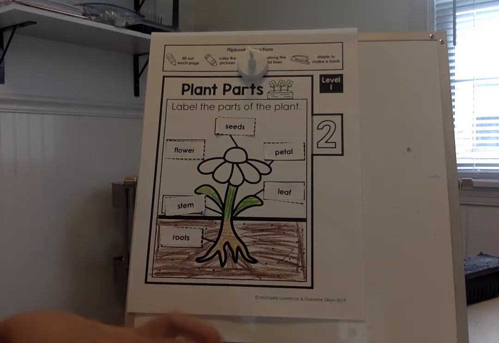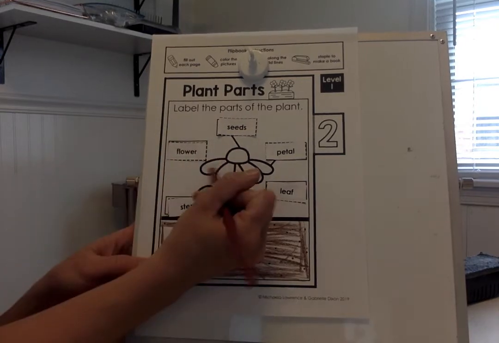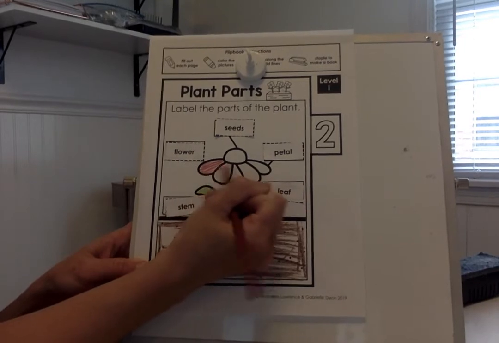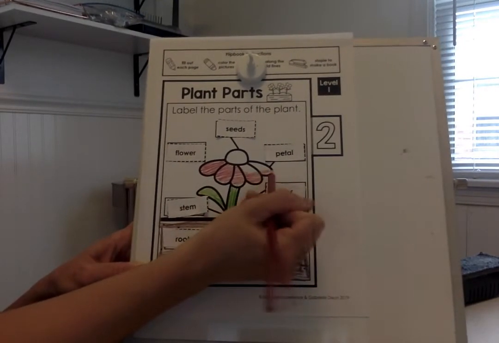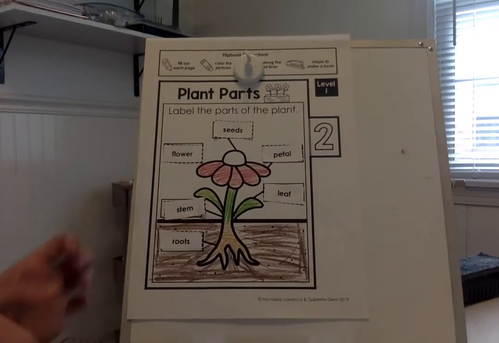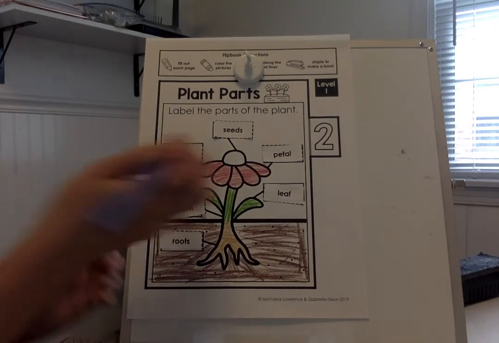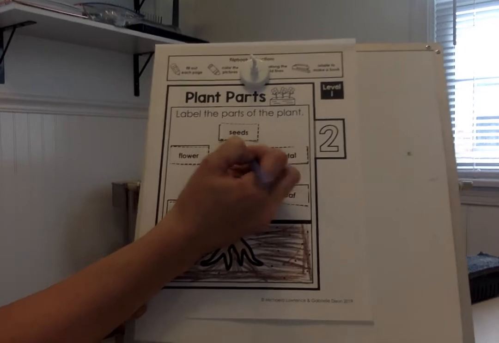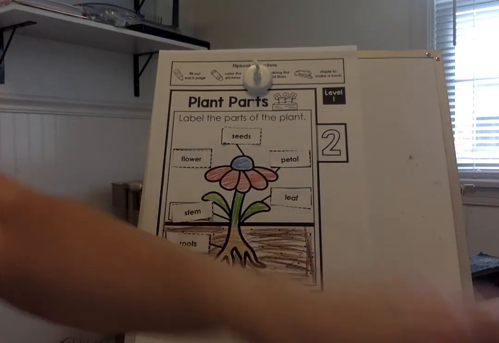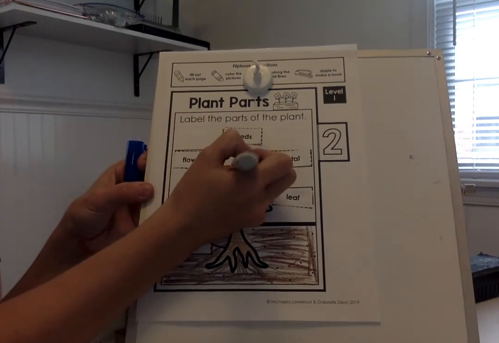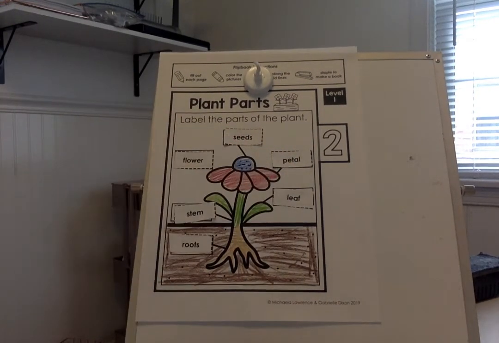So you can go ahead and pick whatever color you want. I'll do red, mostly because it's sharp. Some of my colored pencils are not as sharp. And then I'll color this part a different color. Maybe I'll color it blue. And you know what I'm going to do? Because I don't even see the seeds, I'm going to grab my marker and I'm going to draw seeds in there. And there are my seeds.